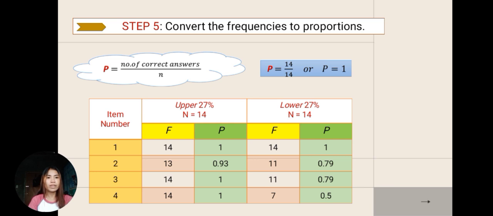And in the lower 27%, we have 11 divided by 14, which is equal to 0.79. And lastly, in item 4, we have 14 divided by 14 is equal to 1, and therefore our proportion is 1. And in the lower 27%, we have 7 correct answers divided by 14, therefore 7 divided by 14 is equal to 0.5.